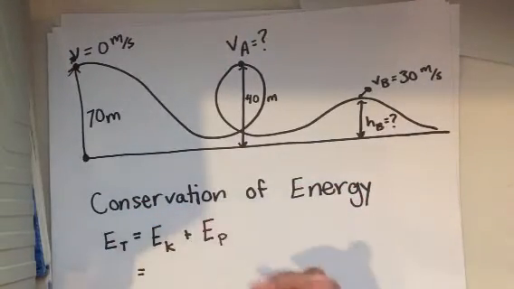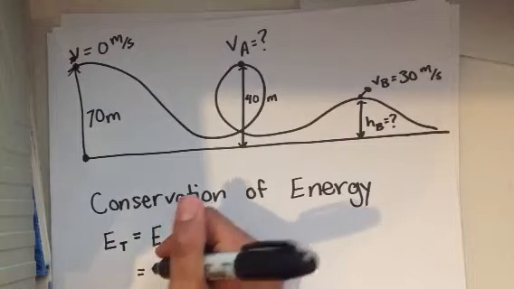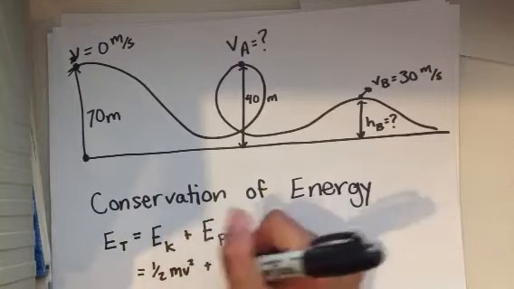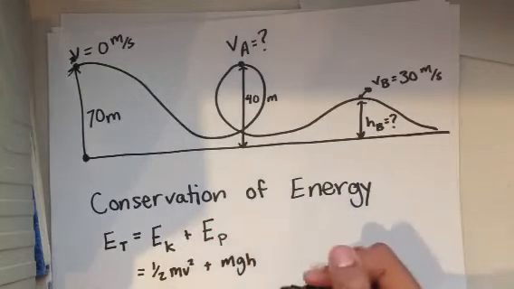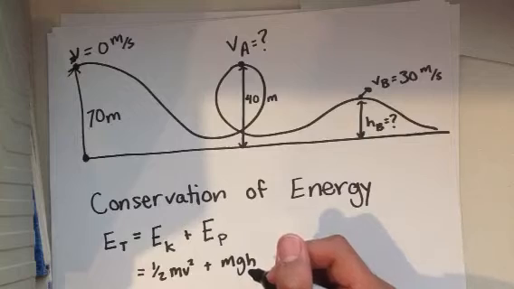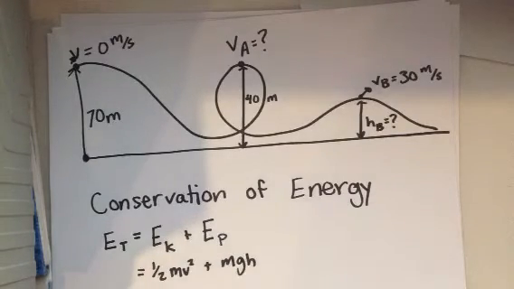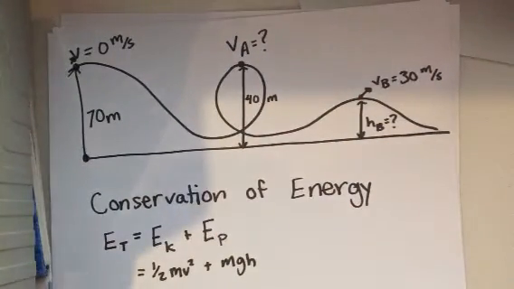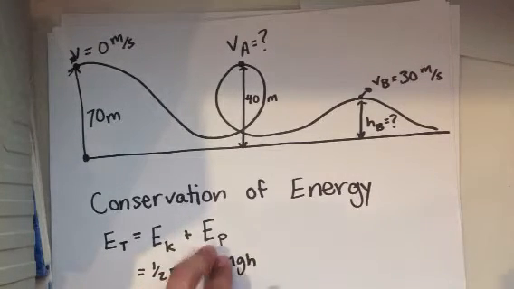Now, from our formula sheet, we can say that this is equal to 1/2 mv squared plus mgh, and we know that this is true for any point in the system. Any system will have total energy equal to the sum of the other energies that comprise it, and in Physics 20 in general, those are going to be kinetic energy and potential energy.